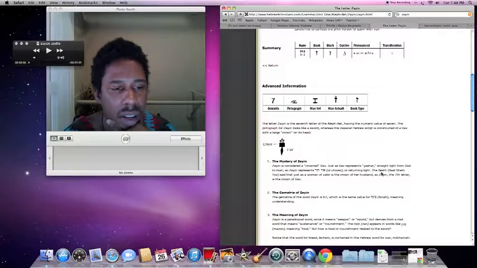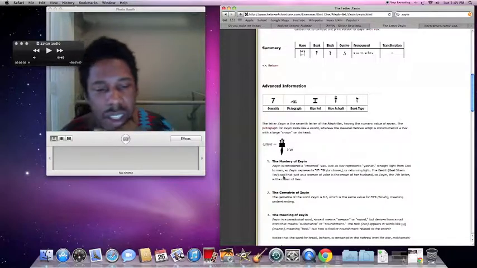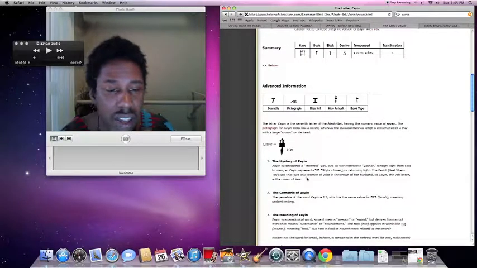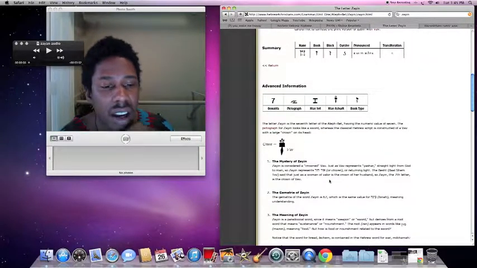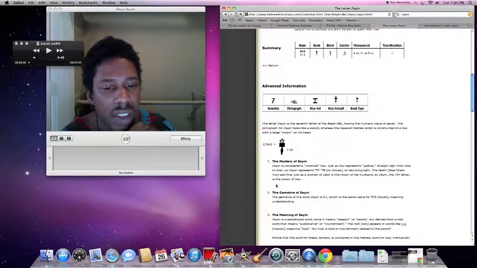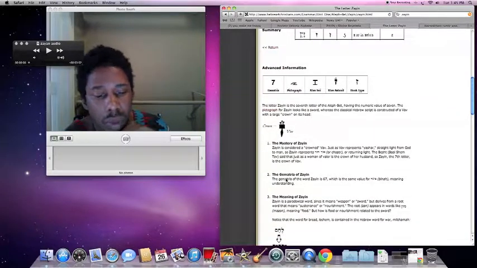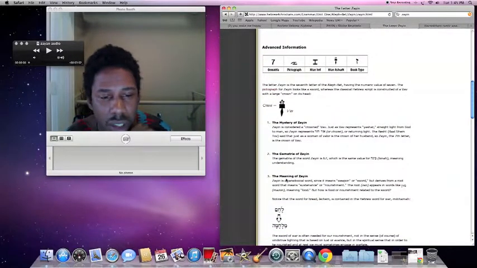The Baal Shem Tov said that just as a woman of valor is the crown of her husband, so Zayin, the seventh letter, is the crown of Y. Okay, so they put their little touch in there.